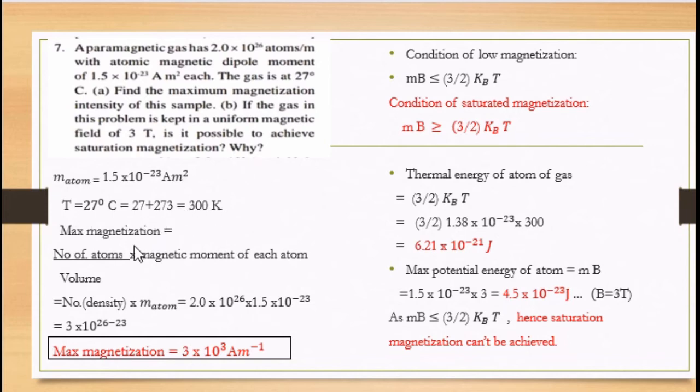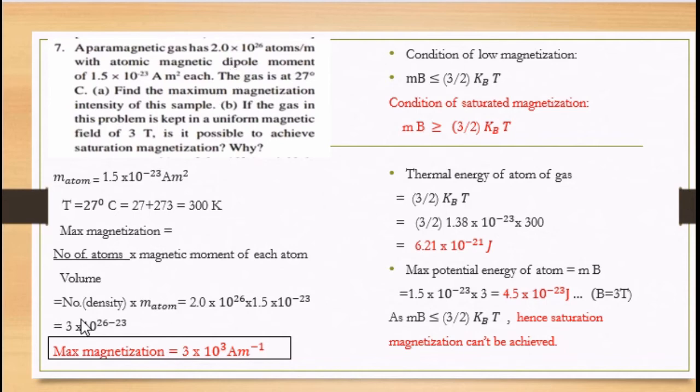Now we have to find out the maximum magnetization. As they ask you the maximum magnetization, here density is the number of atoms per volume, which is given to you as 2.0 into 10 raised to power 26.